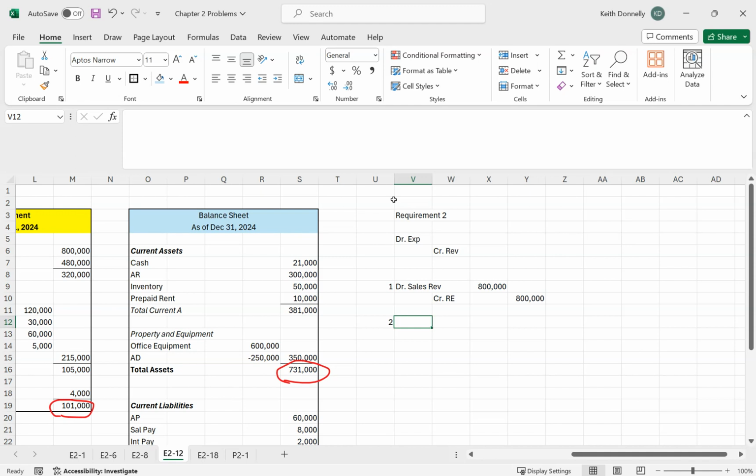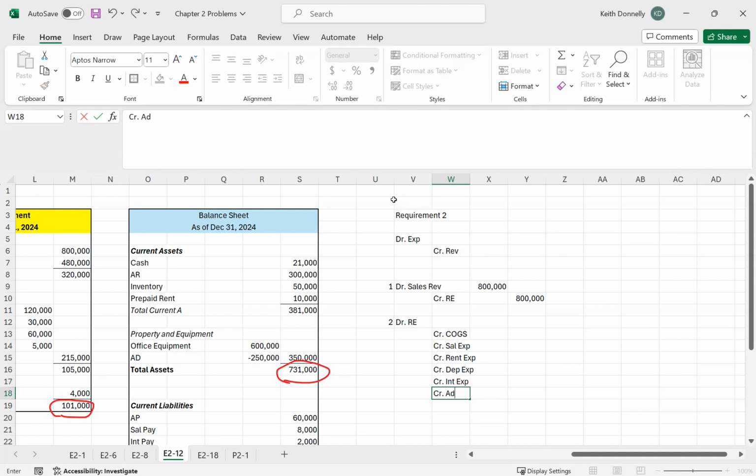You could consolidate these into one journal entry, but they're just showing it here piecemeal. So here we're going to debit our retained earnings and credit our cost of goods sold, our salary expense, our rent expense, our depreciation expense, interest expense, and our advertising expense.